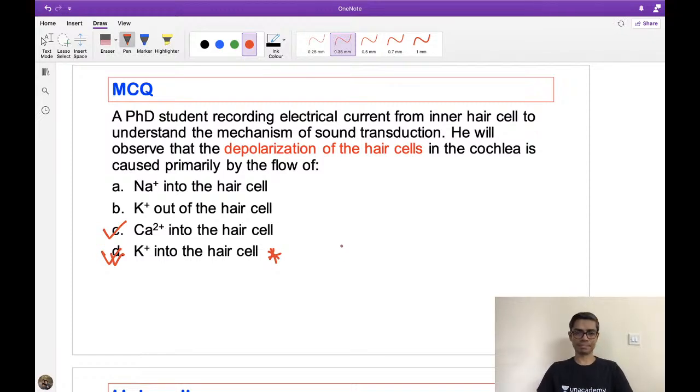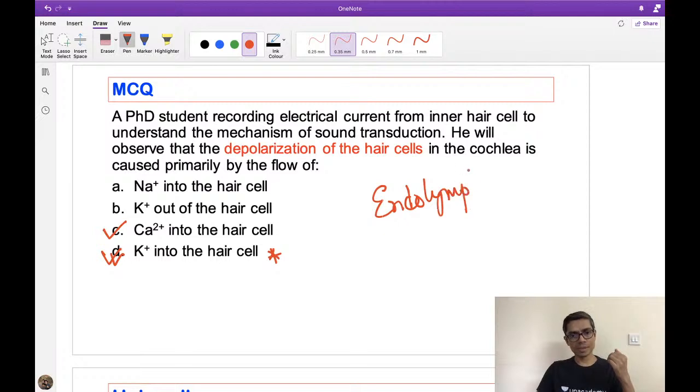That is the D. Right? Now look at this. All of you know that the depolarization of the hair cell is present inside the organ of Corti, and surrounding the hair cell there is nothing but endolymph.